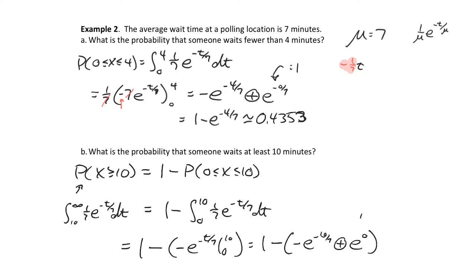Okay, e to the 0th is 1, and we'll have this 1 out in front minus this 1 inside, and so it turns out to be just e to the negative 10 over 7, which is approximately equal to 0.22397.